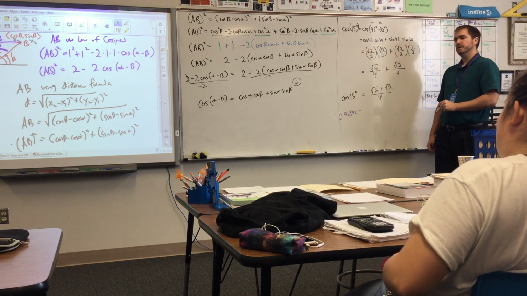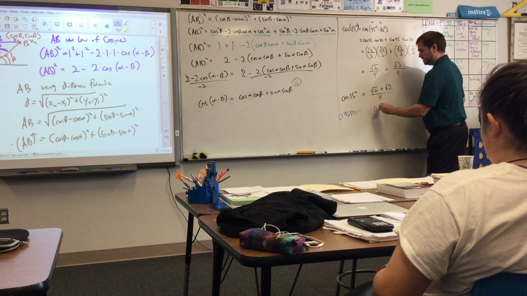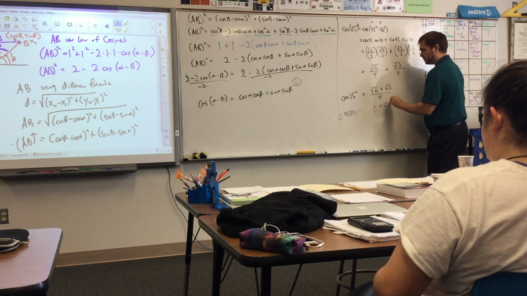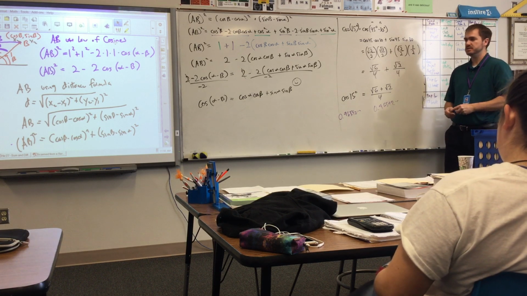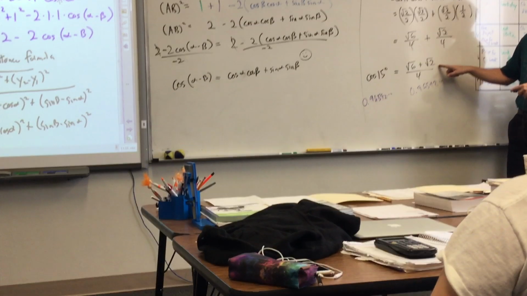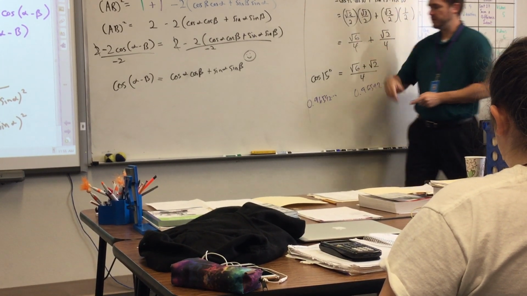Alright, that's good enough. Guys, do we have an answer on root 6 plus root 2 over 4? What do you get, Jeremy? 0.9659258. Whoa. We agree on something. There it is. The exact answer, ladies and gentlemen, of the cosine of 15 degrees, brought to you by the cosine difference formula.